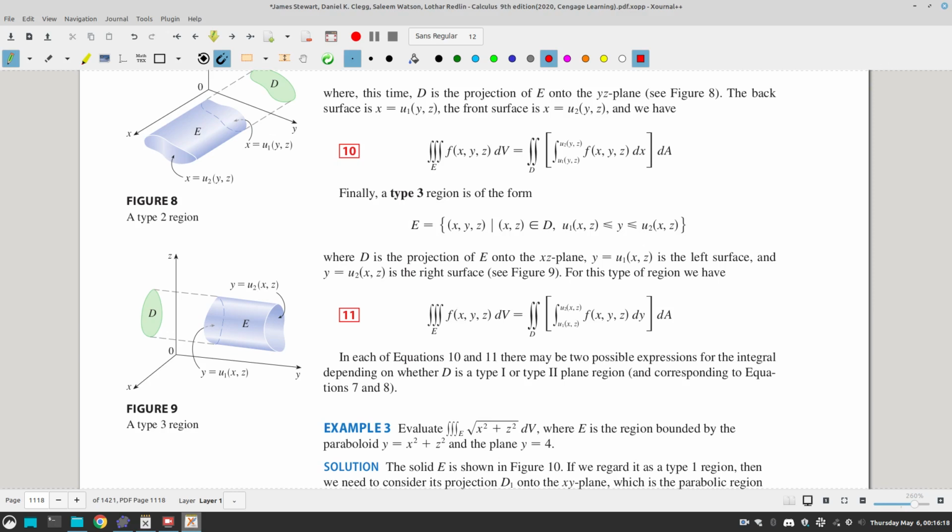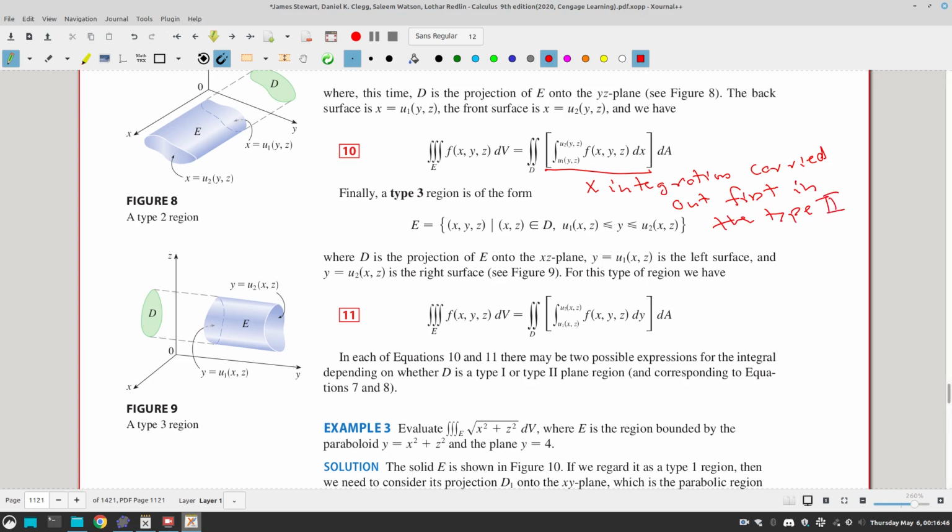In the type 2 region, the x integration is carried out first, and in the type 3 region, the y integration is carried out first.